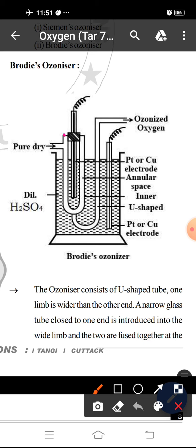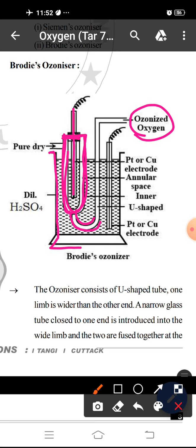We take a U-shaped tube. Another glass tube is introduced into the U-shaped tube, and both the glass tubes are fused at one end, and another delivery tube is connected for collection of ozonized oxygen.